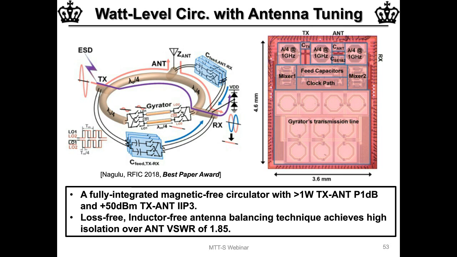In this first work, we were able to cover an antenna VSWR of around 2. In some more recent works that are unpublished at this time, and hence aren't a part of this presentation, we've been targeting even higher VSWRs than that.